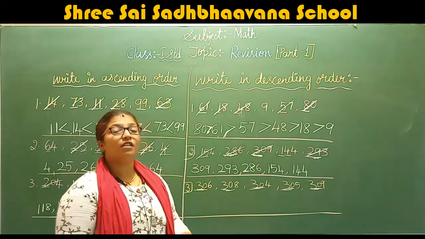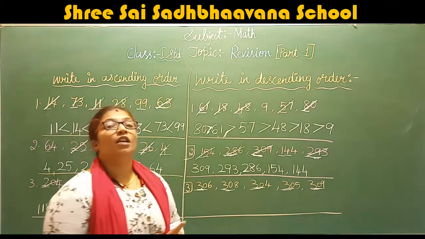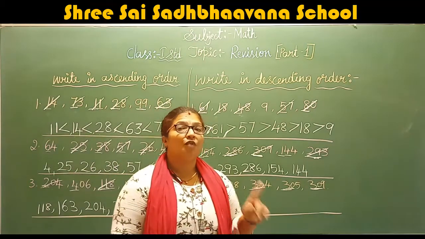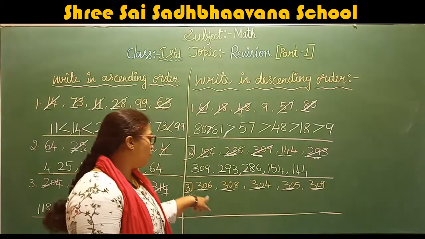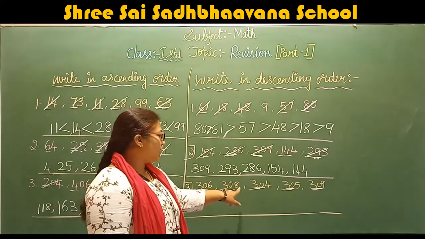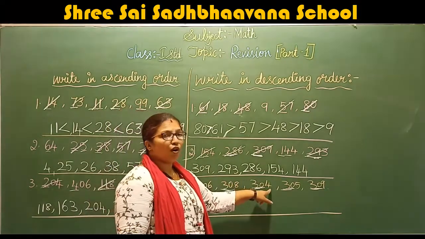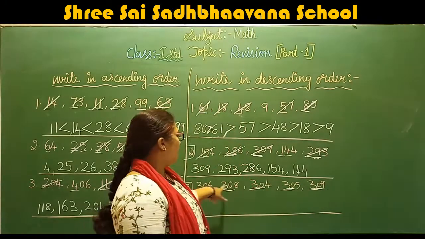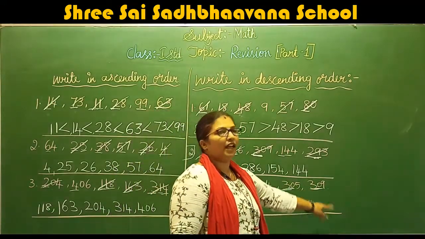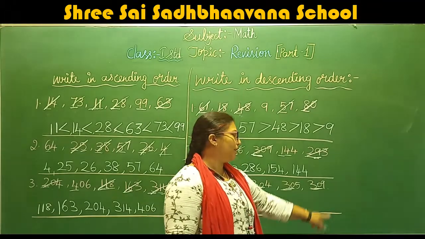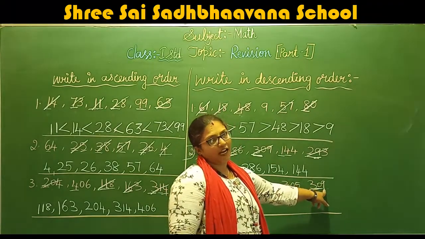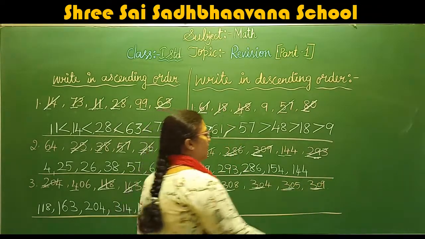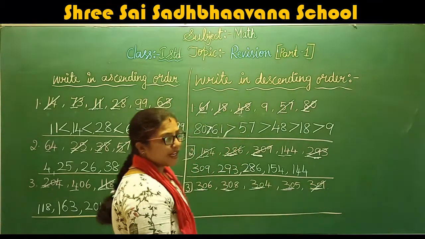We have to look at the ones place number. So it is 6, 8, 4, 5 and 9. Which is the biggest, the greatest number? 9 is the biggest number. So what do we have to write first?